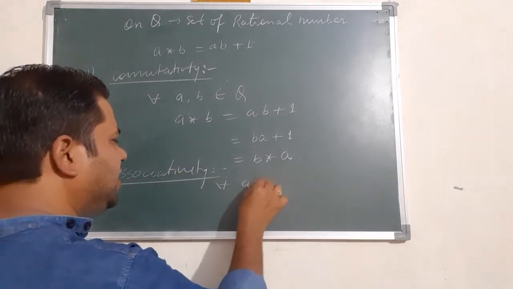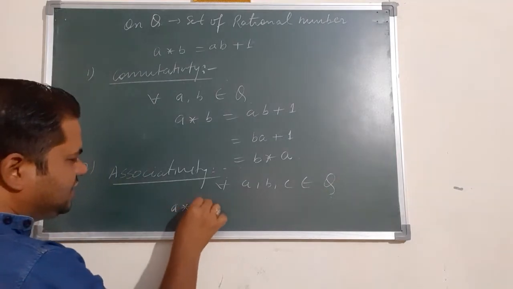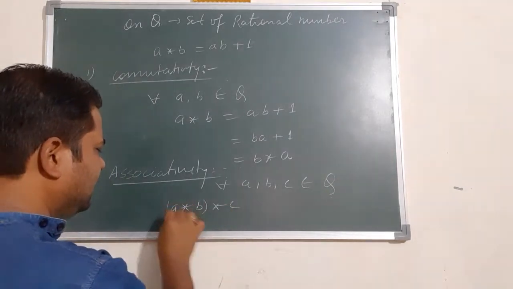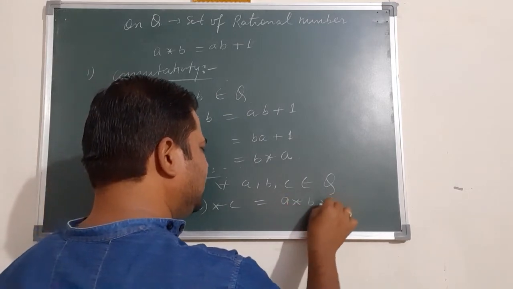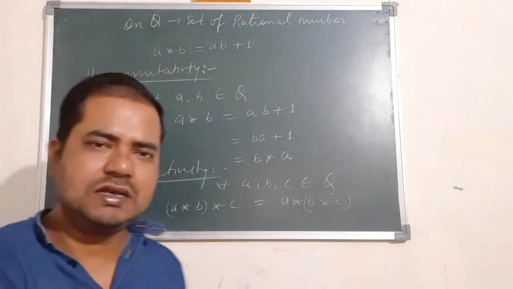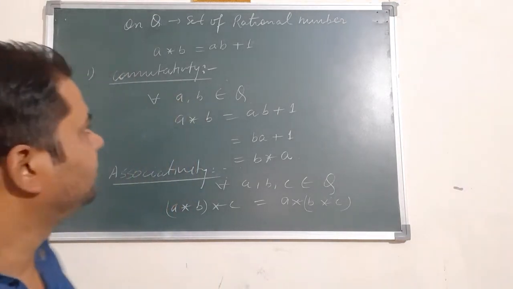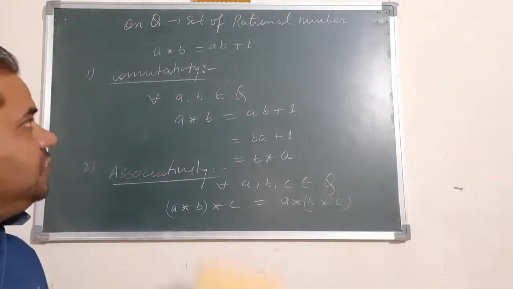But what about associativity? For each A, B, C belongs to Q, we write (A star B) star C and A star (B star C). If both are equal, then we can say the given binary operation is associative. We just check LHS and RHS. So please note it down.